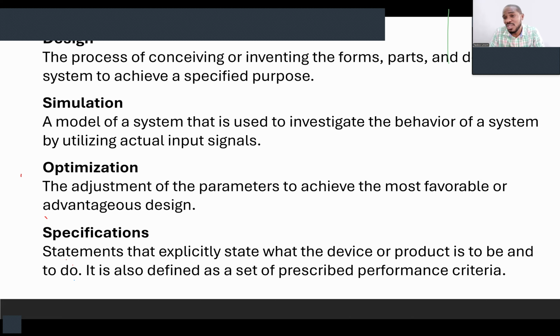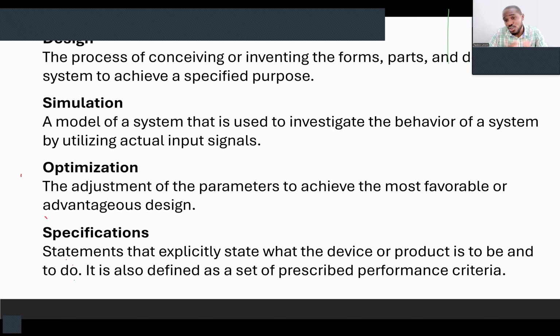If you do not have specifications, your device can be designed to be anything. If you have an air conditioner that can cool as low as 5 degrees Celsius, most of the ones we have can go only to 16. They can't go below 16, right? And I think they also can't go over 30, otherwise they become a heater.